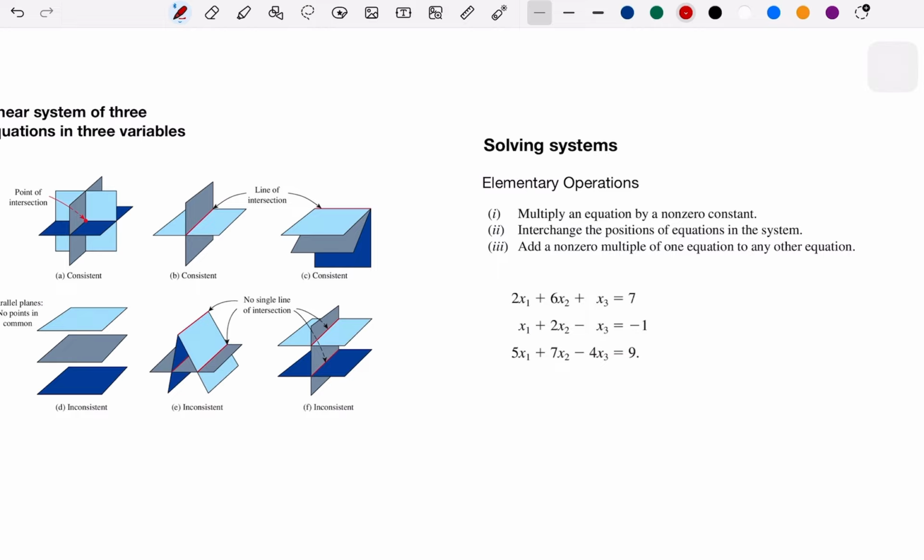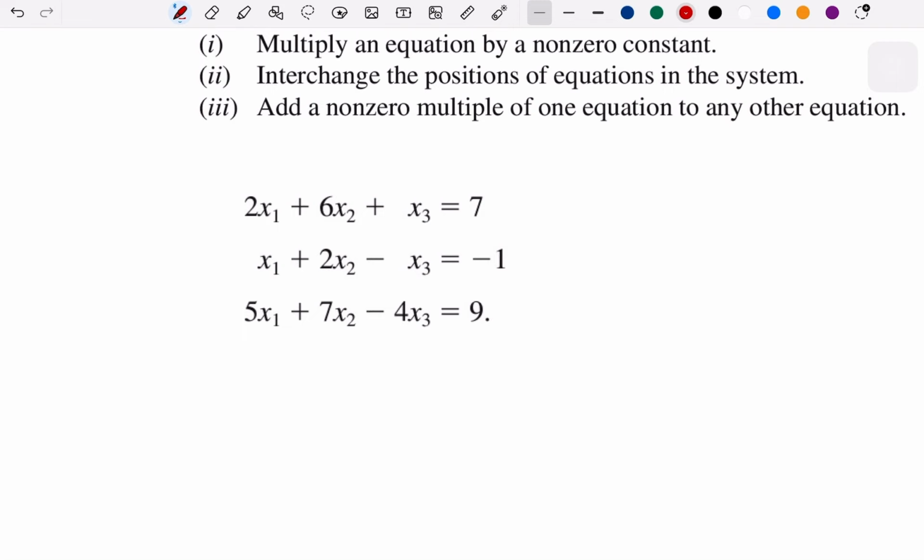So for example, here we have a system of equations with 3 variables. Let's say we are going to exchange the equations. The first and the second I will swap, so I will write them in the new order.